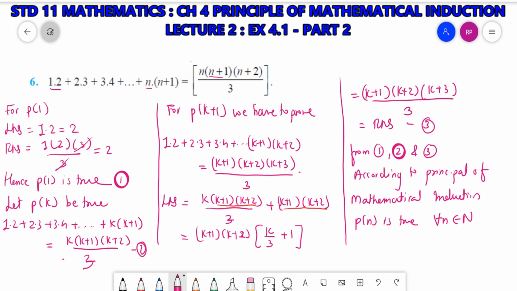So first we took P of 1, we proved it true. We assume P of k equal to true, and from that we proved that P of k plus 1 is true. Clear? This was question number 6. So just note it down.